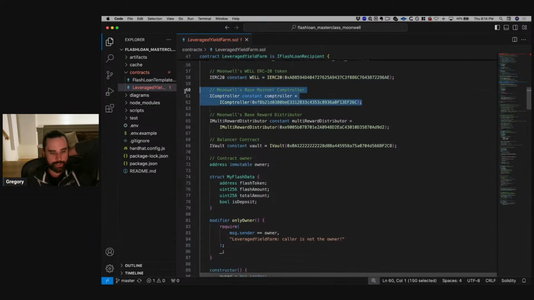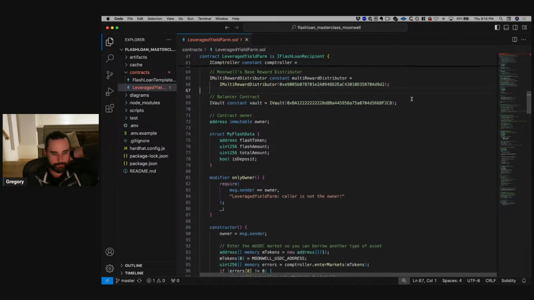We've got the address for the comptroller. That's the smart contract inside of Moonwell that lets us enter the markets and deposit and things like that. We've got the Moonwell address for the reward distributor, who pays out the WELL rewards. We've got the address for the Balancer contract where we can take out the flash loan.